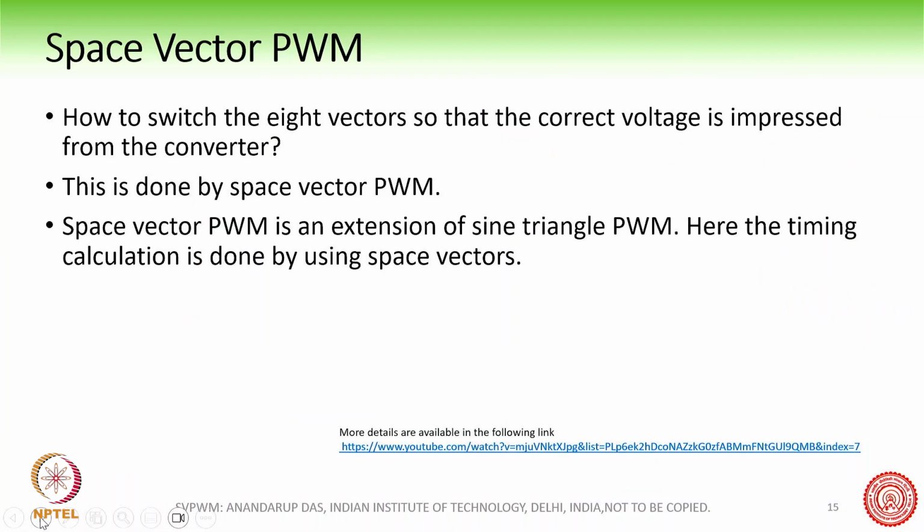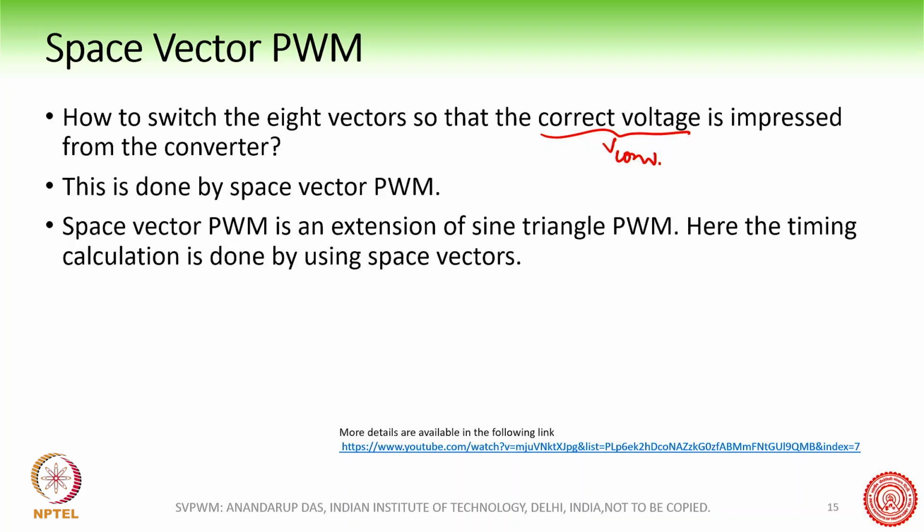Now what is the exact time duration for these active vectors and the zero vectors, so that the correct voltage, meaning the reference voltage or the Vconv voltage, how can we accurately impress that voltage, or how can we get that voltage from the converter.